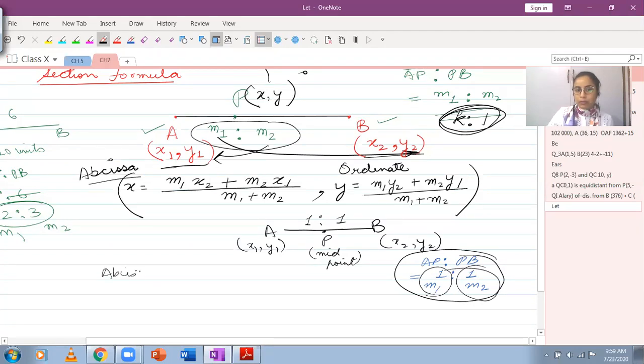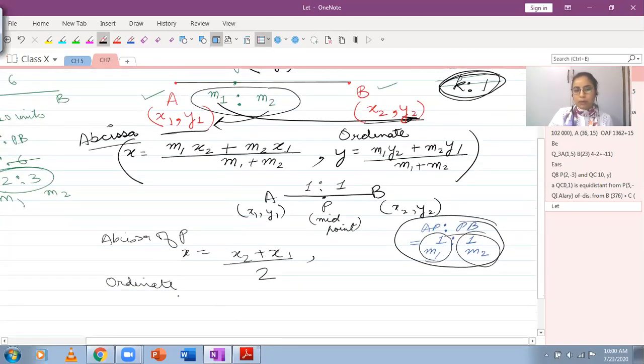If we had to find out the abscissa of P, the x coordinate for P, it will be equal to x2 plus x1 over 2. And the ordinate for P will be y2 plus y1 by 2.